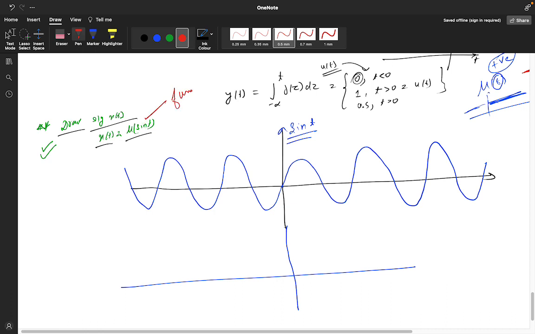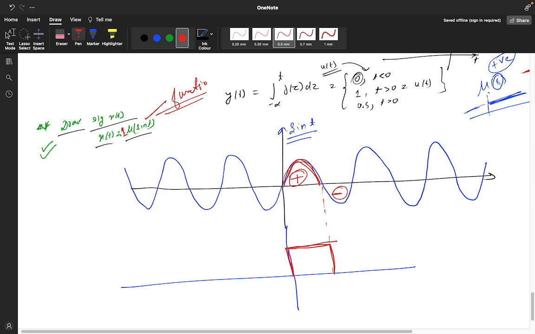Whenever I put a positive value 1, 2, 3, anything, I will get a constant, that is 1, standing here. Means from this part to this part I have a positive value. That means I will get a box like this.